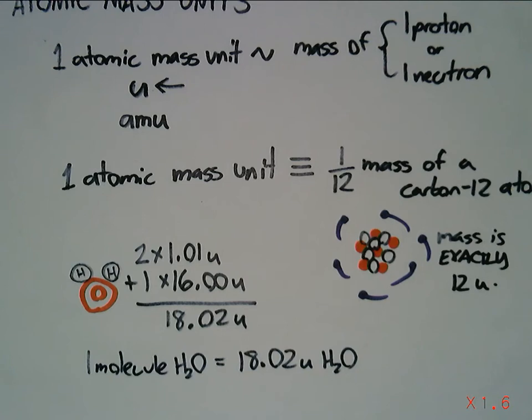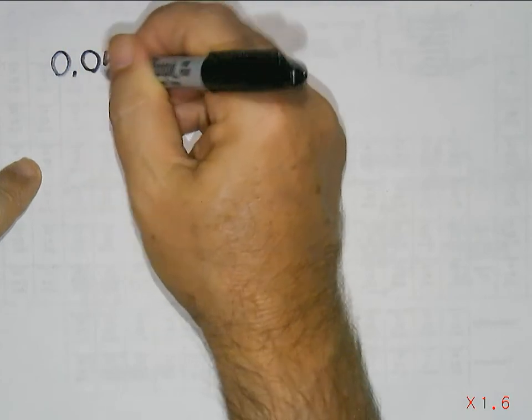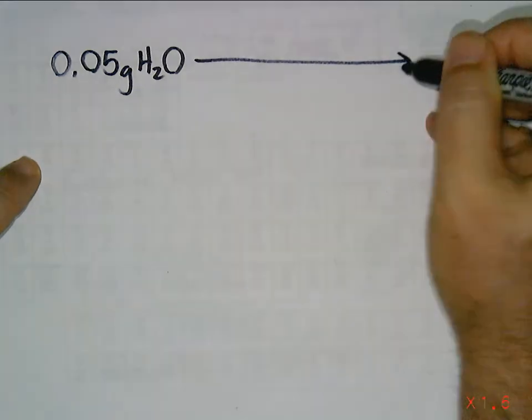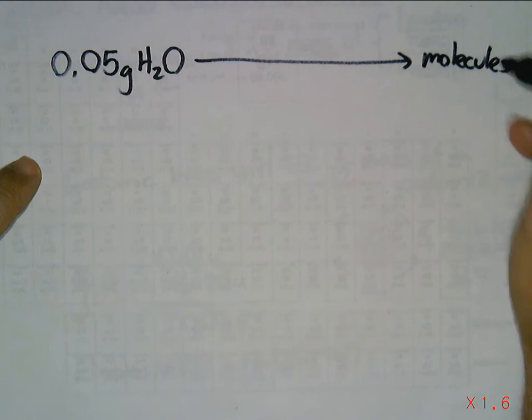Well, let's figure out how many water molecules I've got in a drop of rain. So a drop of rain weighs about 0.05 grams. And what I'm trying to do is turn it into molecules of water.